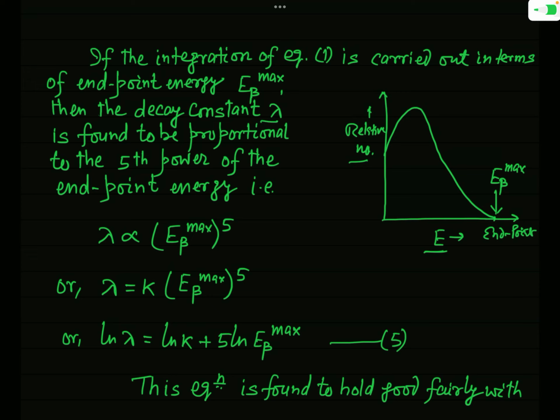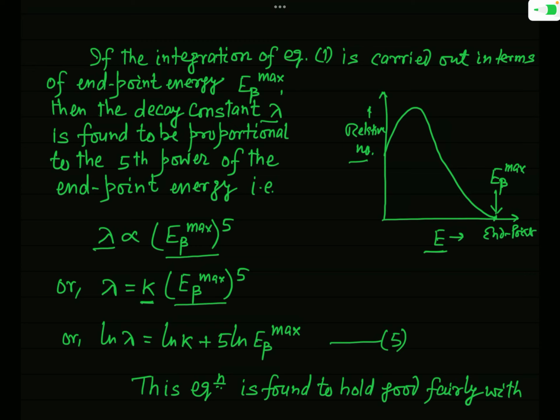It means that if the integral in equation 1 is evaluated for the end point energy, that is, when the energy of the beta particle is equal to E beta max, the decay constant lambda is proportional to E beta max to the power 5. Now we can write the proportionality constant. So lambda is equal to k times E beta max to the power 5, where k is the proportionality constant.